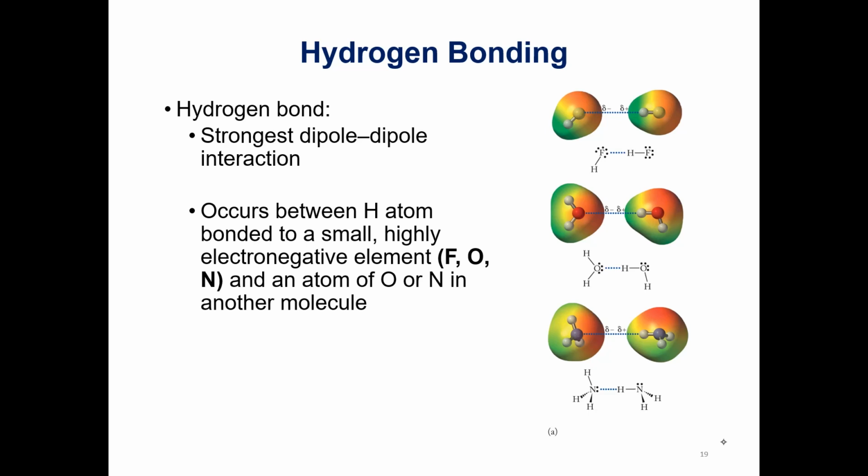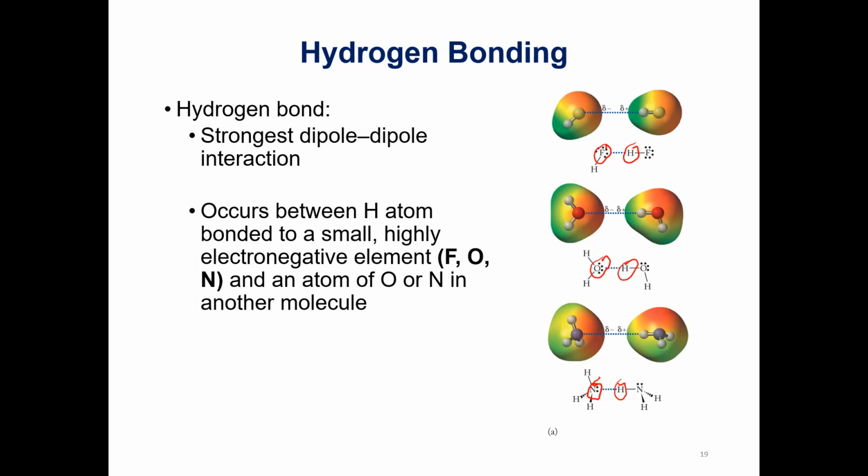So the hydrogen bond occurs between the fluorine of one molecule and the hydrogen of another, or between the oxygen of one molecule and the hydrogen of another molecule, or between the nitrogen of one molecule and the hydrogen of another molecule. So it's always between the fluorine, oxygen, or nitrogen of one molecule and the hydrogen of another.